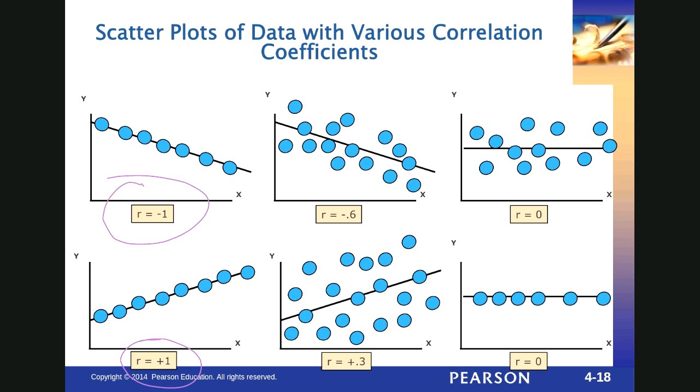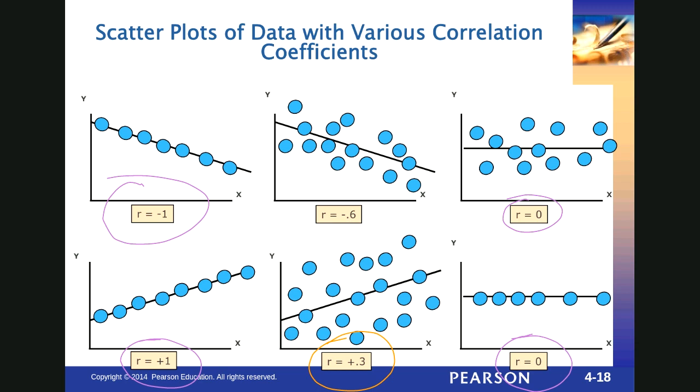Next thing, when R is equal to 0, that means there is no relationship. There is no association between X and Y. Now, when R is equal to +0.3, okay, I'm here now. When R is equal to positive 0.3, first of all, it's positive, so that means the direction of my scatter plot is going to the positive direction. 0.3 is close to 0, so it's a weak relationship.